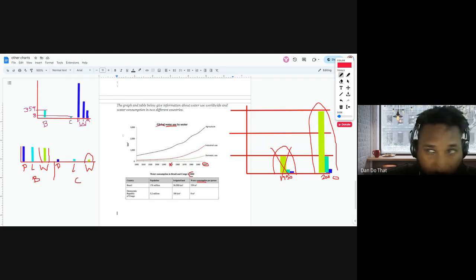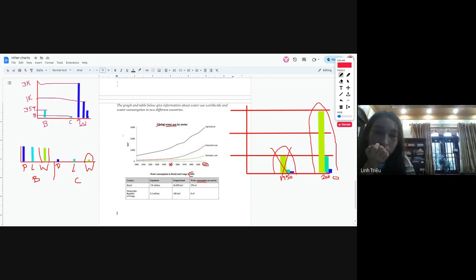Oh, I got those backwards. Agriculture. World agriculture is at 3,000. World industrial is at 1,000. Yeah, that's industrial.